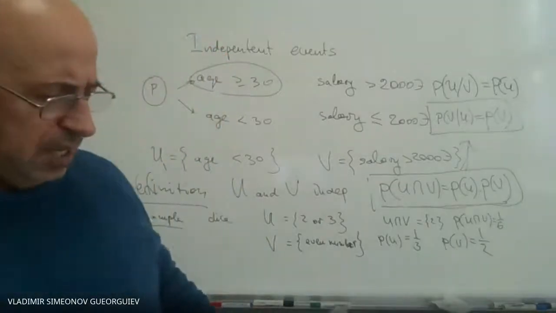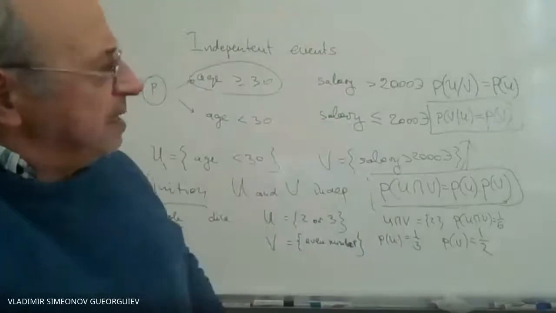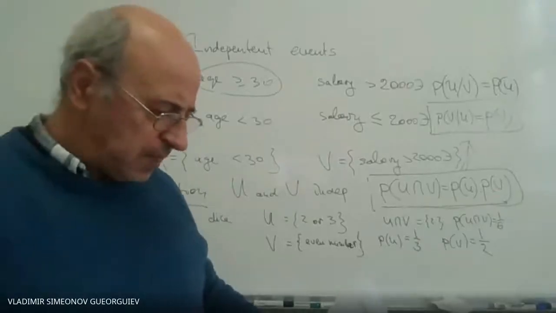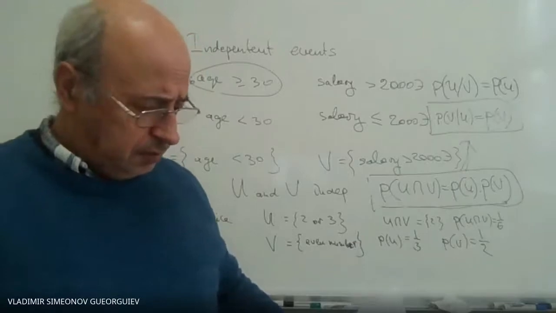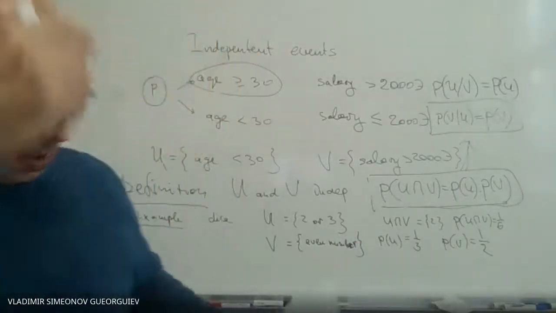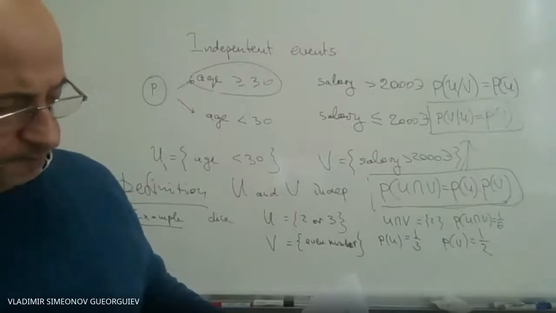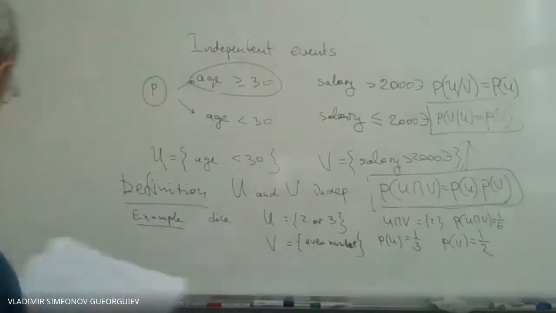In this way, we can connect conditional probability with independent events. Now, let us take one exercise from our book. This is exercise number 12, that I shall write on the whiteboard.